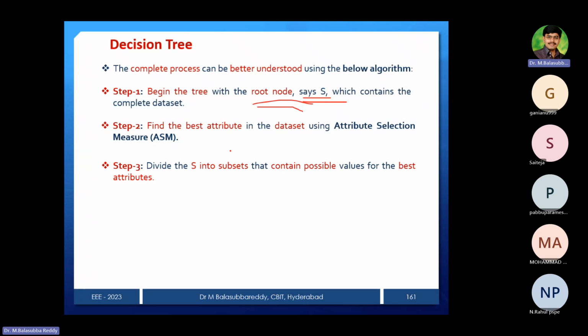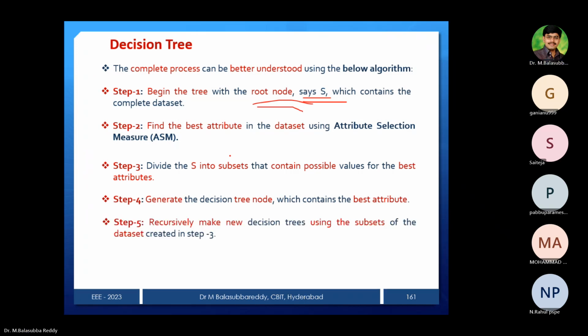Whatever the previous algorithms were doing, we were finding the optimal hyperplane or a division or partition of the data. Here we have to go for the best attribute. Then generate the decision tree node which contains the best attribute, and then recursively make new decision trees using subsets of the data set created in step 3.